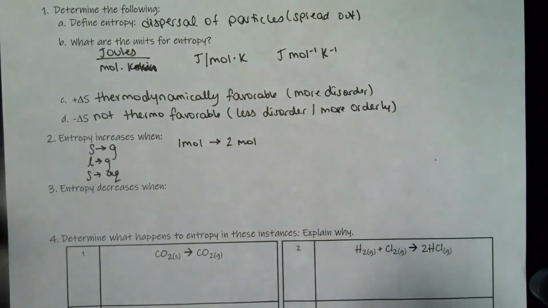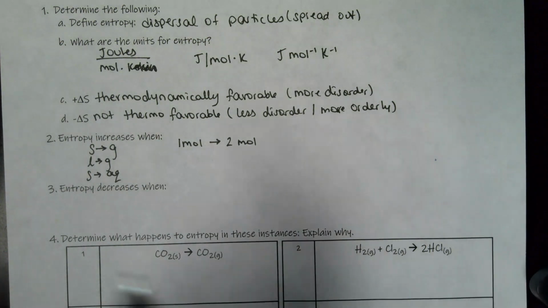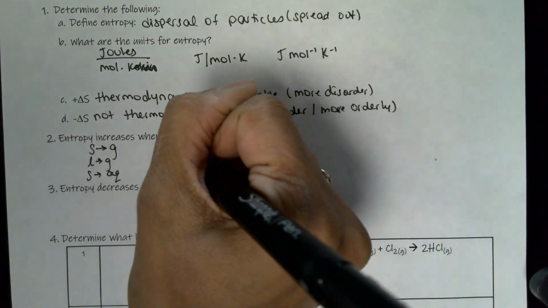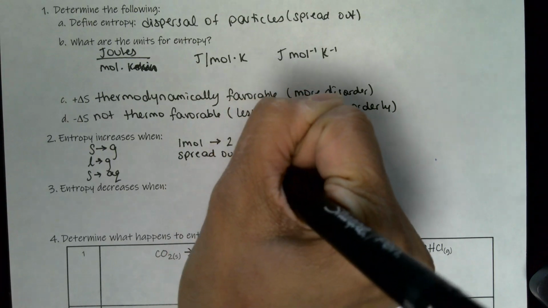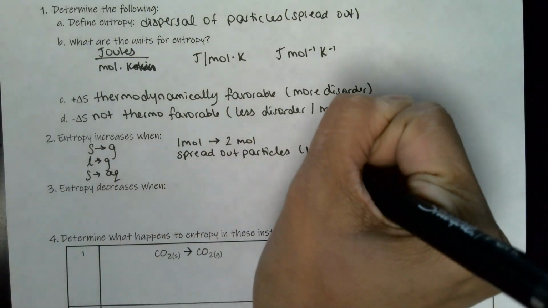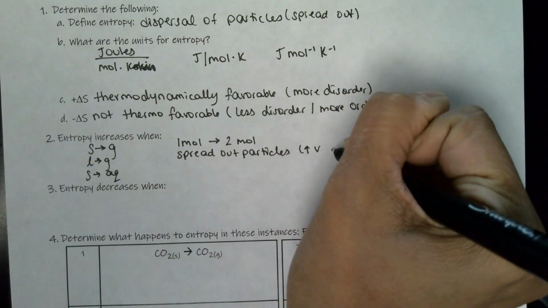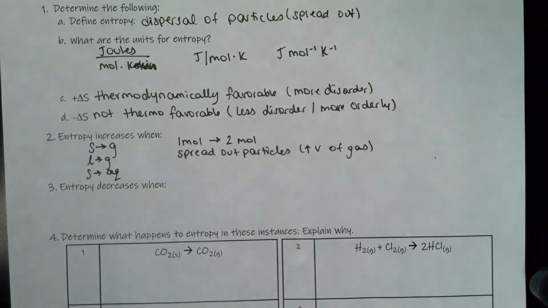So when you increase the number of moles between your reactants and your products, entropy probably increases. Also, if you spread out the particles, think about gases, this might be if you increase the volume of a gas. Again, we'll play around with that.